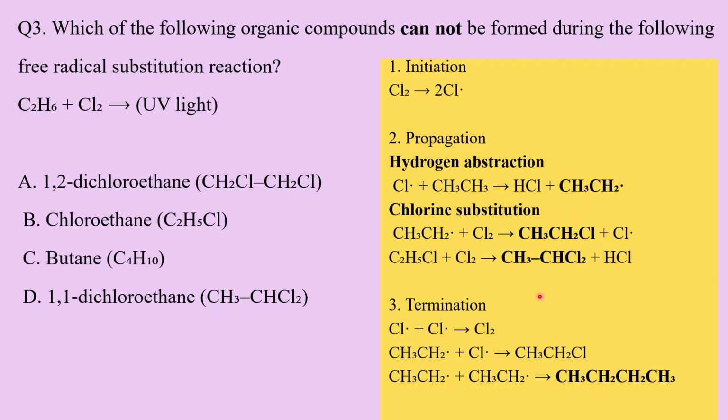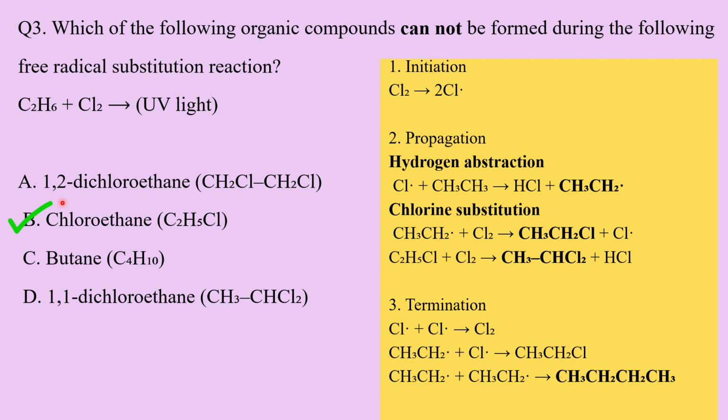Now let us check these products against the options given so that we get to know which one will not be formed, because we have to mark the one which cannot be formed. Here I can see I have ethyl free radical, which is not given in the options. Then we have ethyl chloride, or chloroethane, which is given in the question.